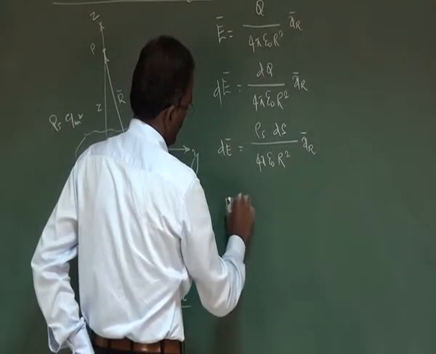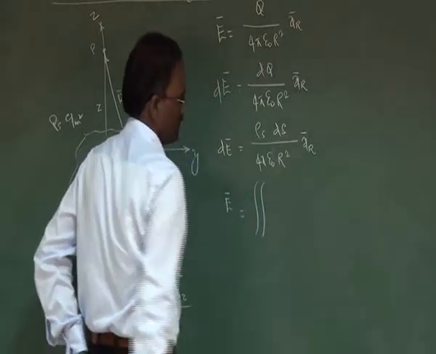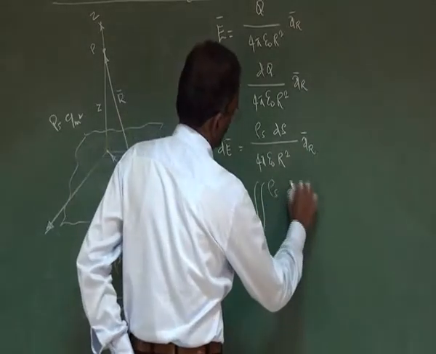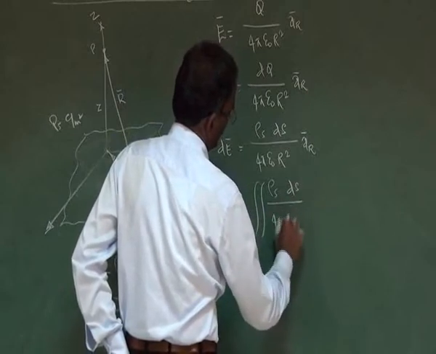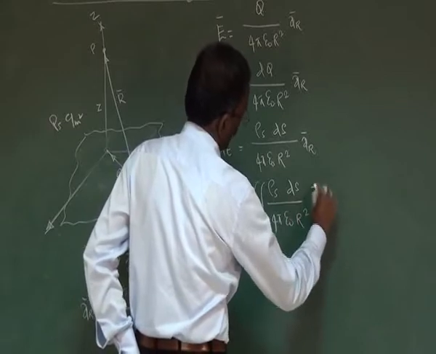From here I will get what is E bar. E bar is equal to again double integral. This is surface integral. So rho s ds divided by 4 pi epsilon O r square a r bar only.